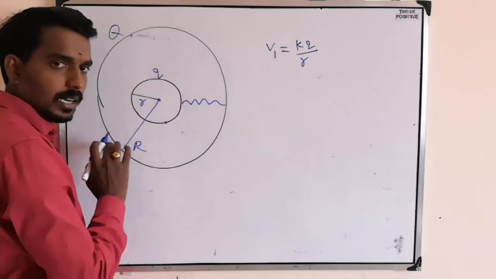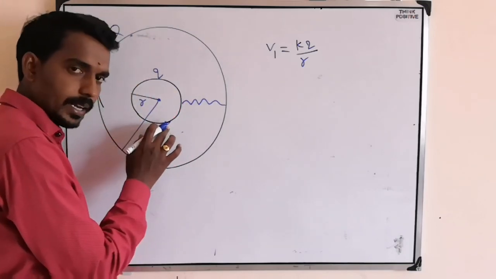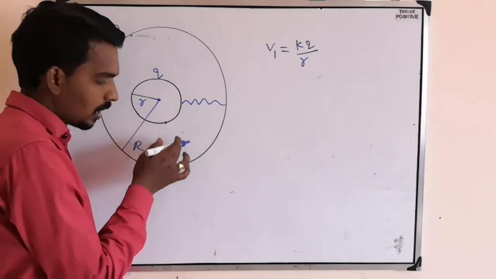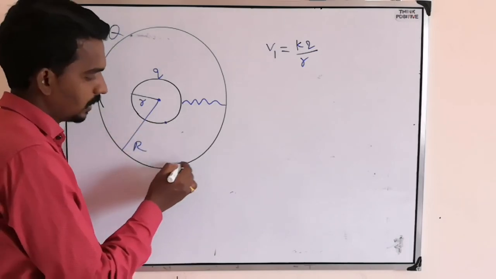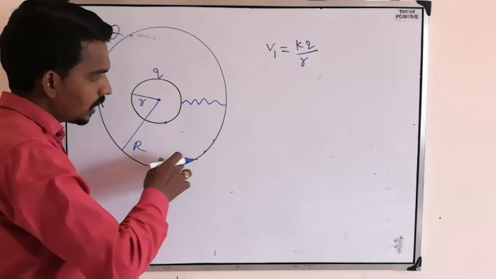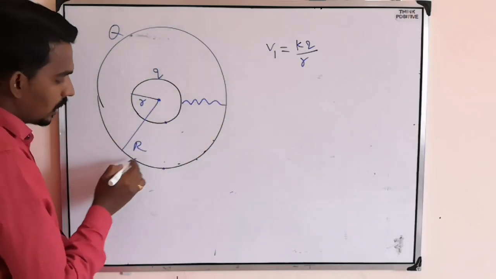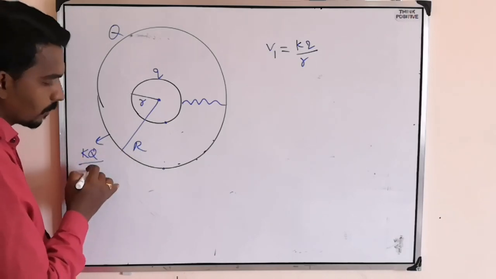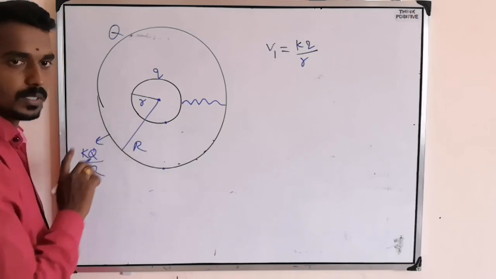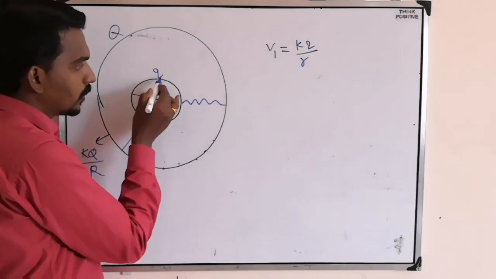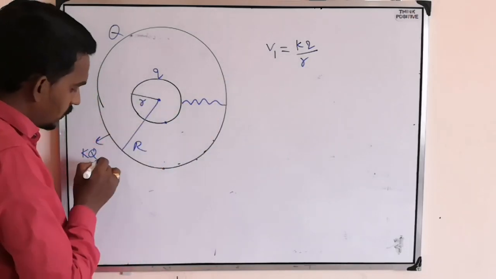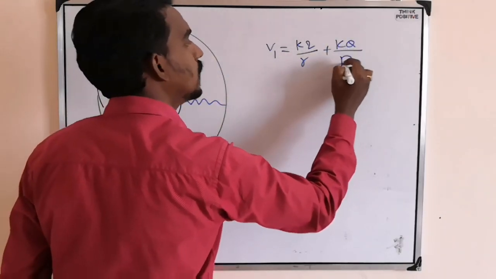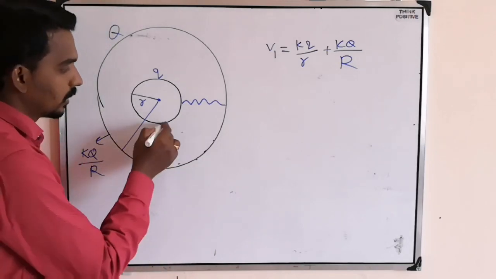For a spherical shell, at any point inside, the potential is the same as that on the surface. What is the potential on this surface? kQ by, what is the radius? Capital R. So don't confuse with that. This is the potential due to this one, but this is the potential due to this one. So plus kQ by capital R.